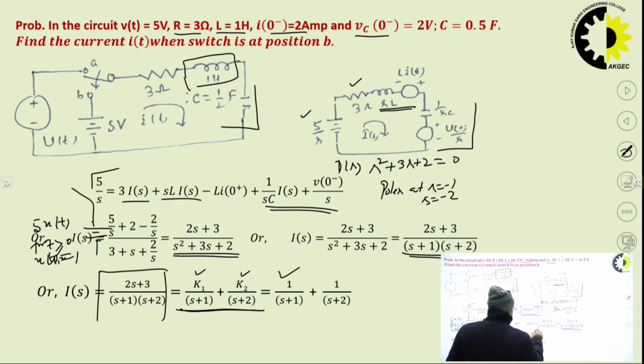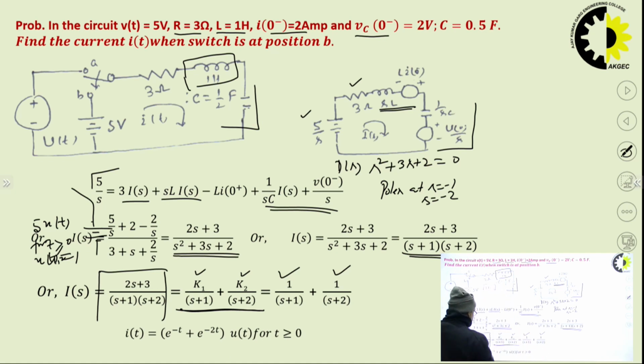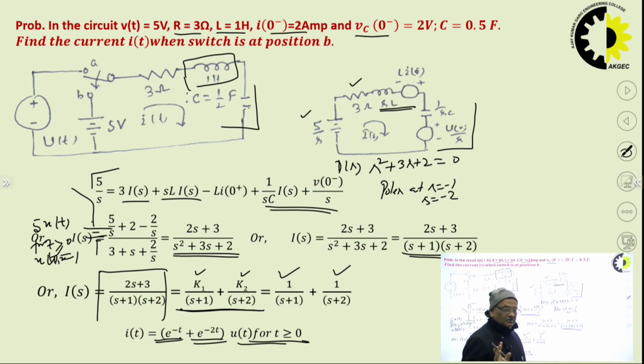For 1 by s plus 1 it is e to the power minus t, and for 1 by s plus 2 it is e to the power minus 2t, u(t) for t greater than or equal to 0. Because u(t) is defined for t greater than or equal to 0, for t less than 0 the value of u(t) is 0. So, this way we can solve the circuit using the Laplace transform.